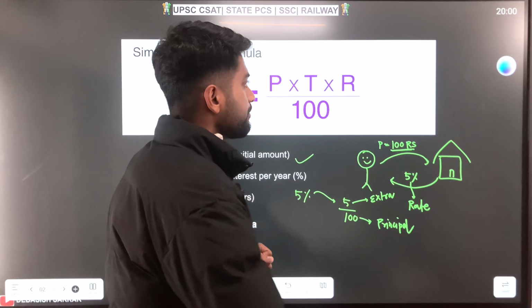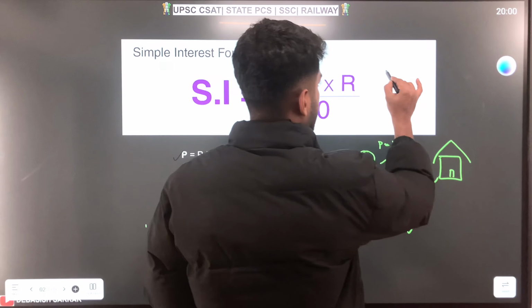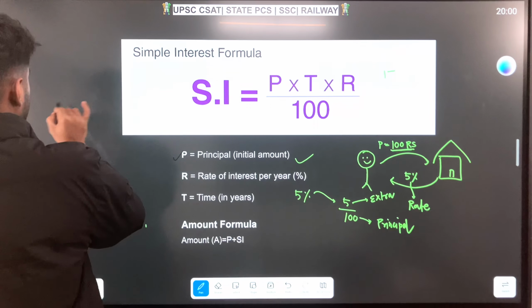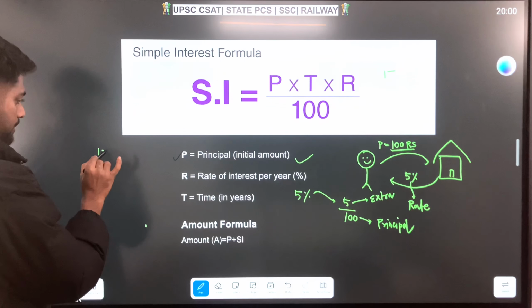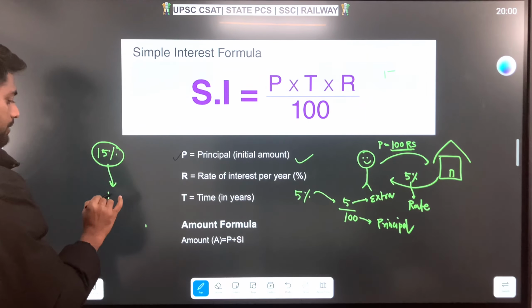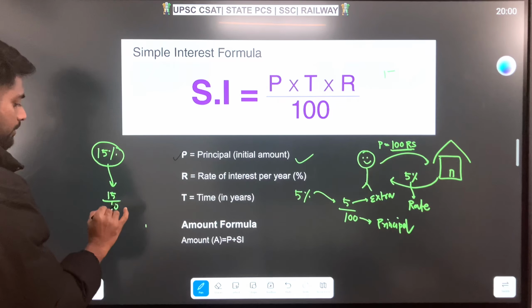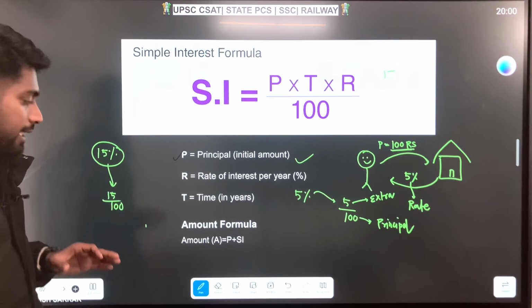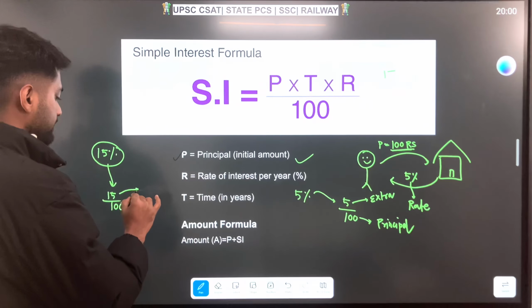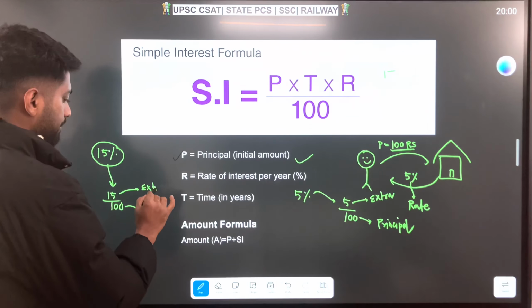Understood? If you see that the rate of interest is 15%, I'm writing here 15%. So what will it mean? 15% means 15 by 100. It means if principal is 100 rupees, you have to pay 15 rupees extra after 1 year.